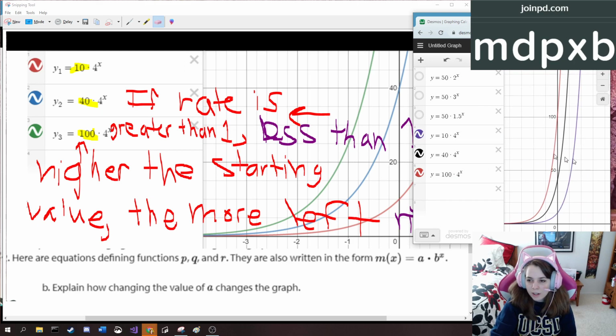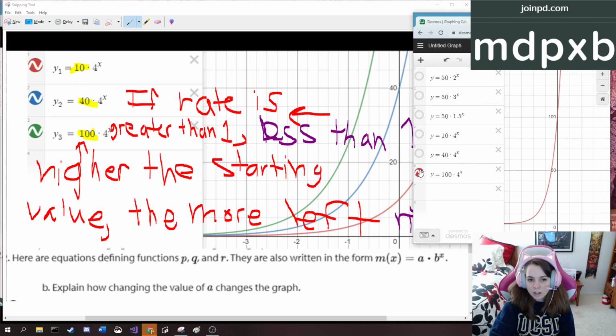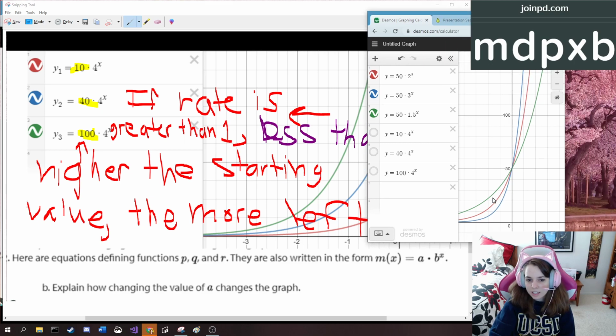So the starting value is shifting. The moral of the story is that the starting value is shifting the graph left and right. When we change that starting value, it's going to shift our graph left and right. When we change our rate of change, the graphs will start left, and then these are different shapes.